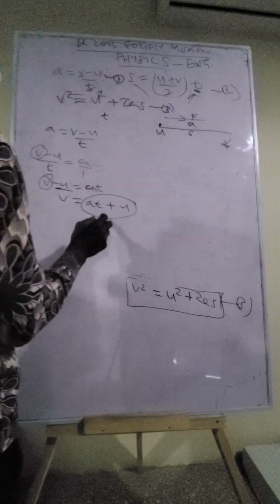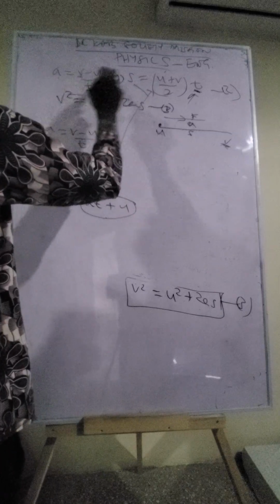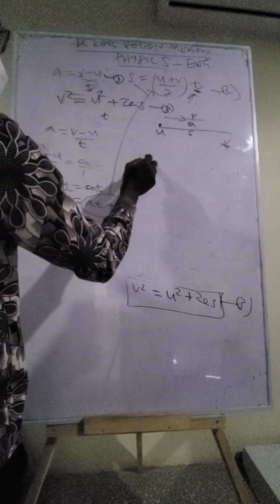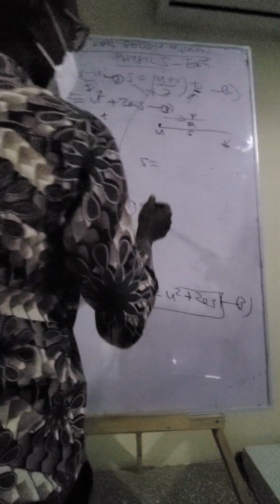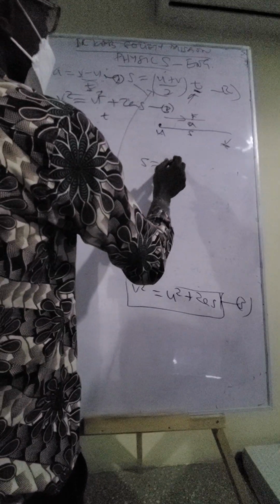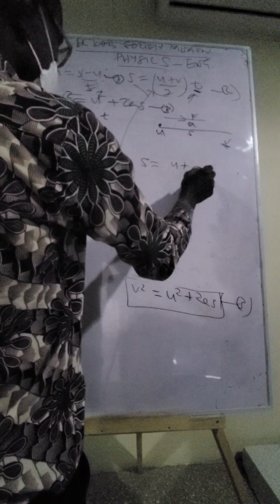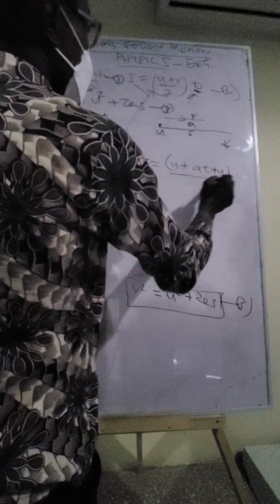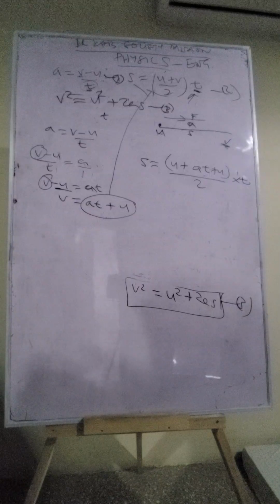We can substitute this into our second equation, because we made it from this. Substitute it into the second equation. So s is equal to u plus v over 2 times t, where v is this expression, at plus u. Right.